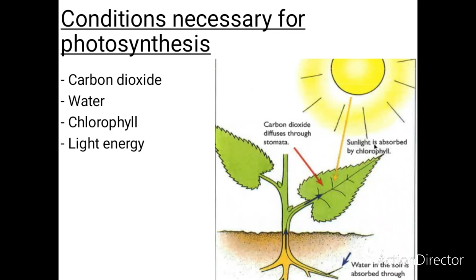Sunlight is absorbed by chlorophyll, and water is absorbed from the soil through the root tips. Basically, these are the conditions that are necessary for photosynthesis to occur.